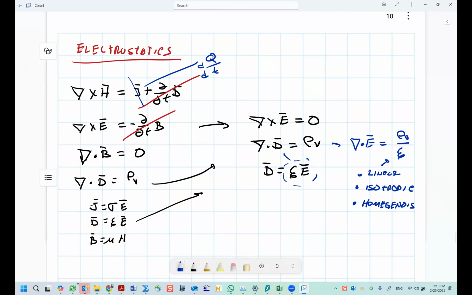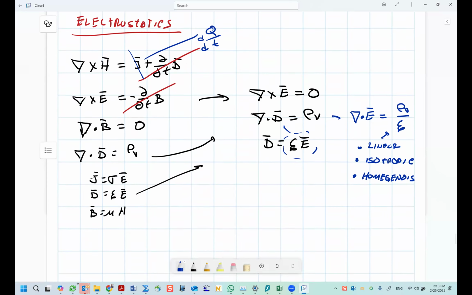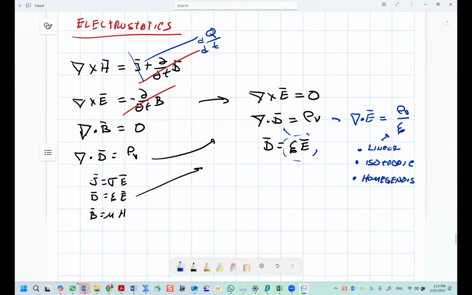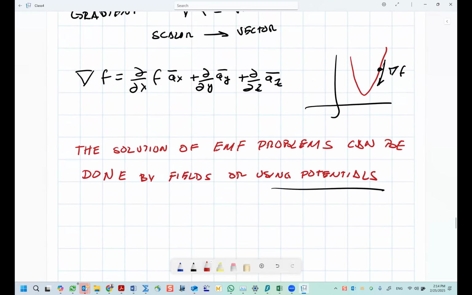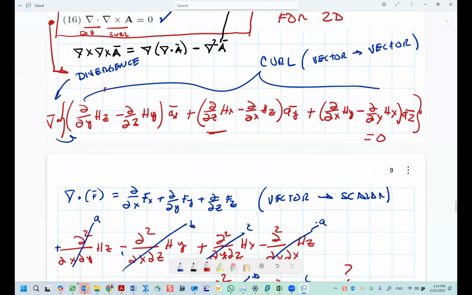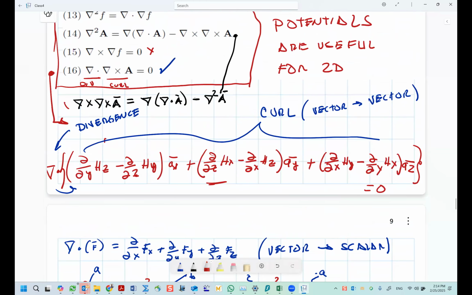So how are we going to solve it? The way we solve this is we put the curl here, and then I'm going to take it down. The curl of E equals 0. But then I go back here and use this equation.